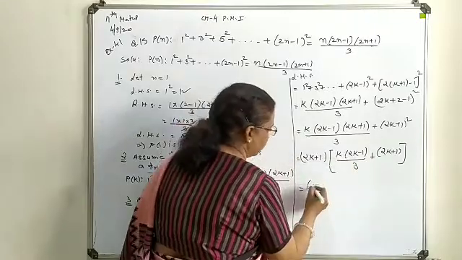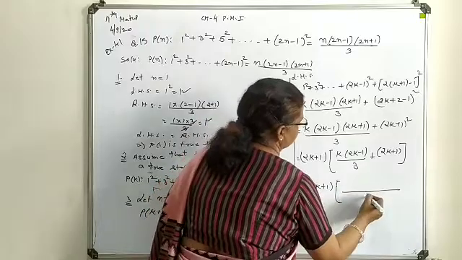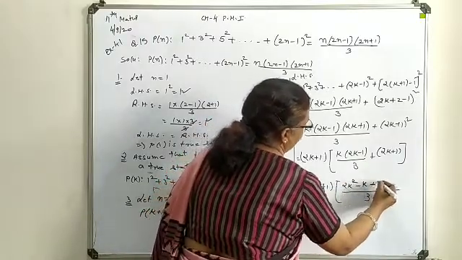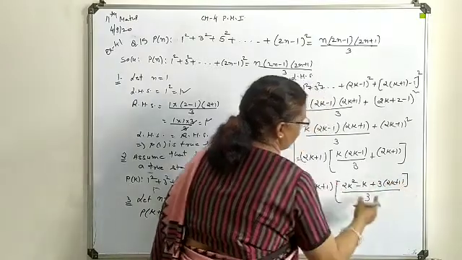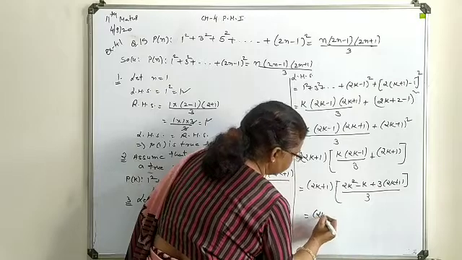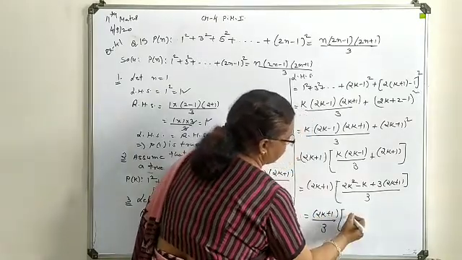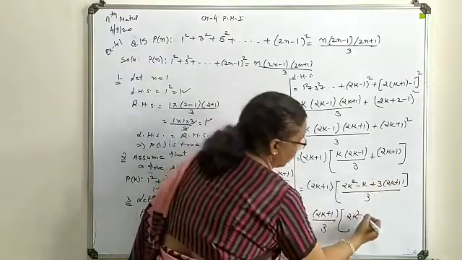Go for taking LCM. This is 2k square minus k plus 3(2k plus 1), make it multiply, upon 3, carry outside: 2k square, 6k.